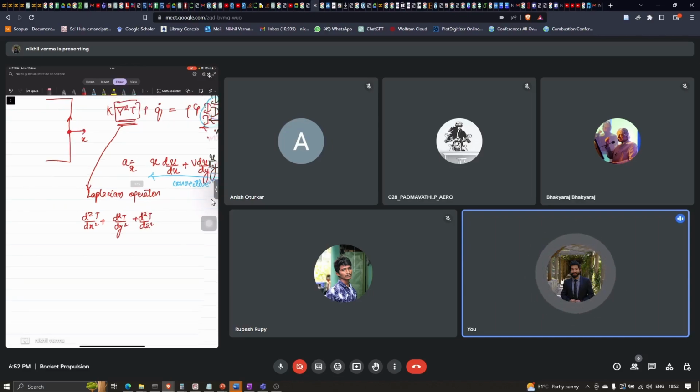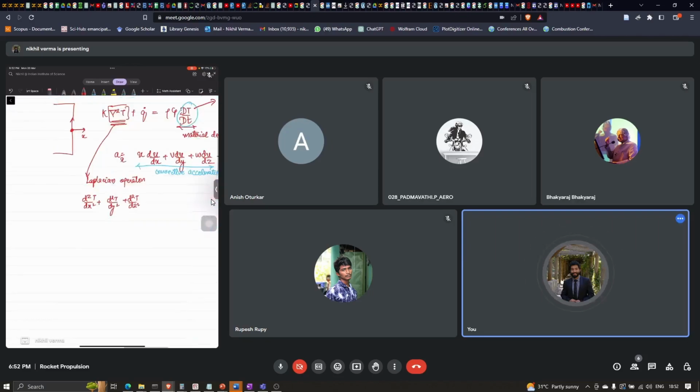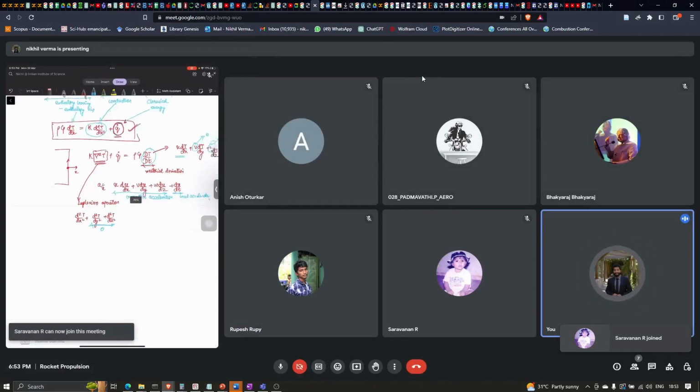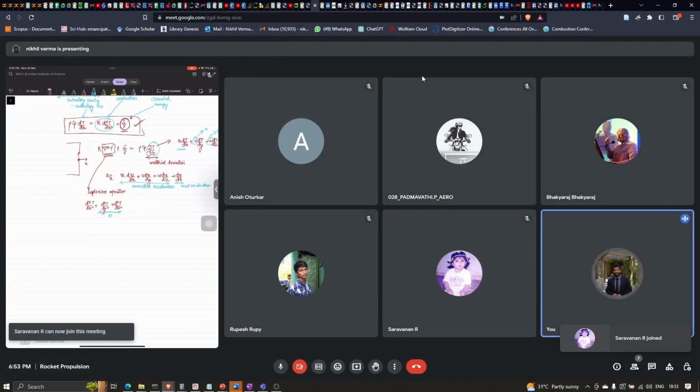We are assuming that there is no variation along y and z direction, so this part is 0, right? Yes, sir. So we are left with d2T by dx square plus q dot is equal to rho u cp dT by dx.